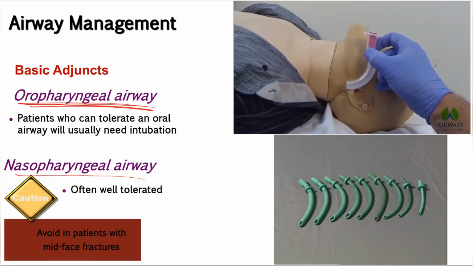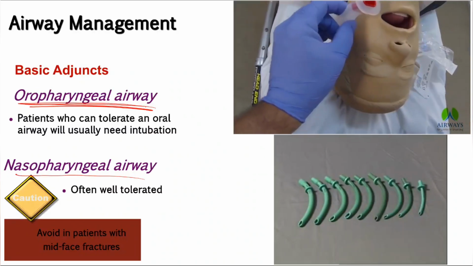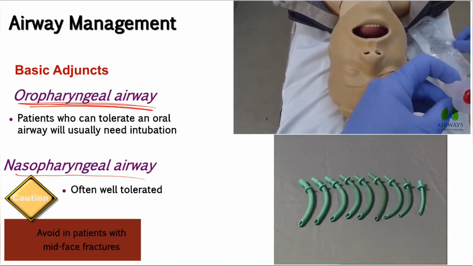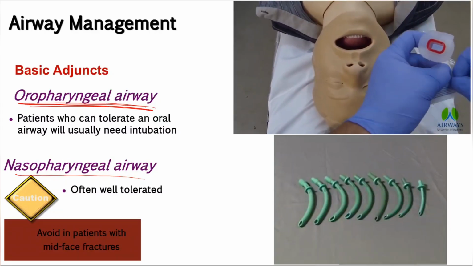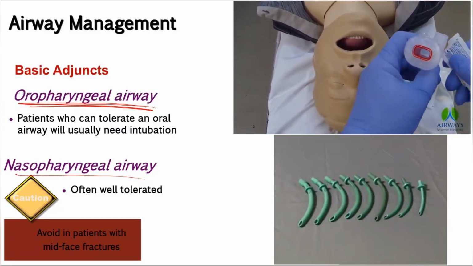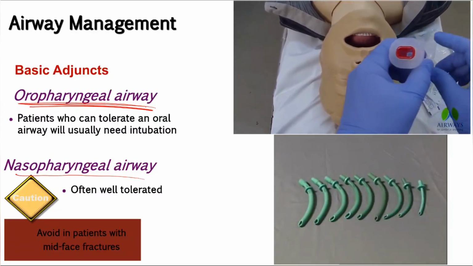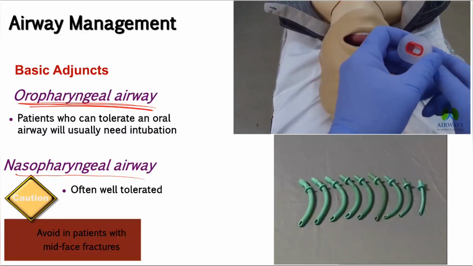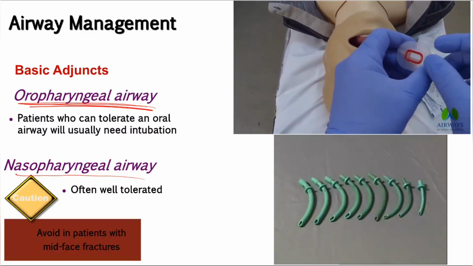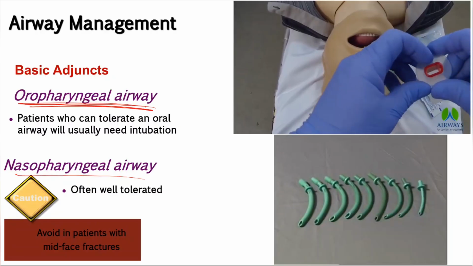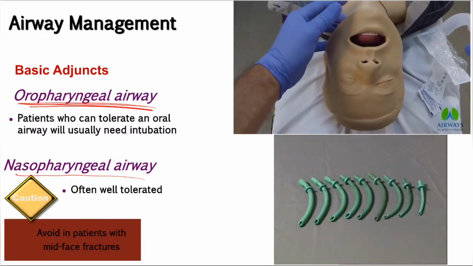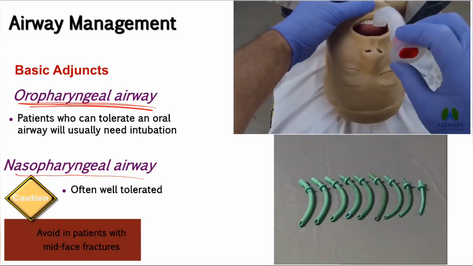Measure the distance from the angle of the jaw or earlobe to the nostril of the patient. Select the appropriately sized airway. It has easy size identification with color coding and a reinforced pipe block.